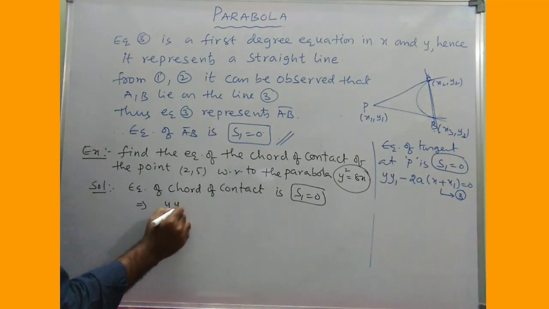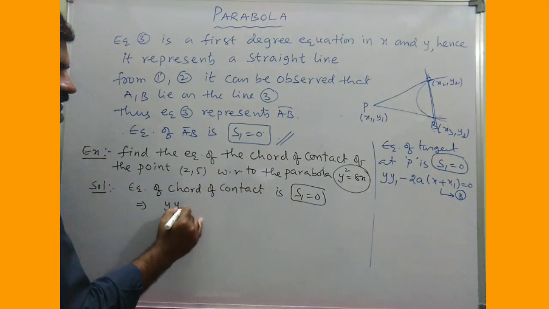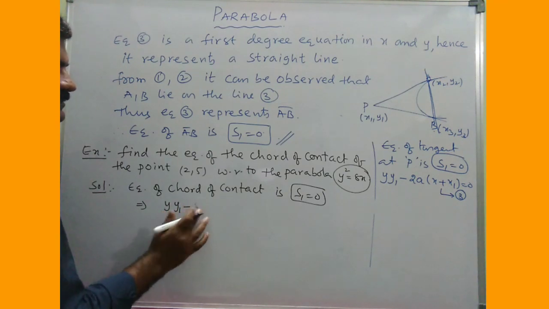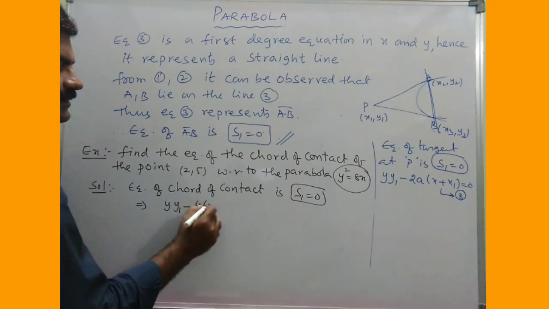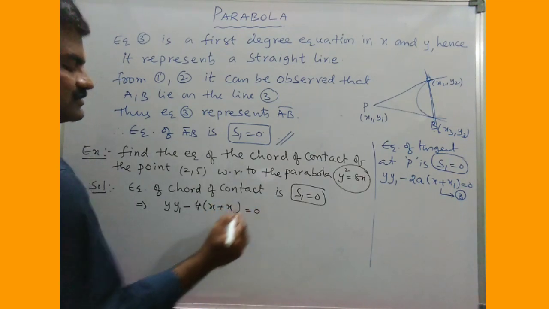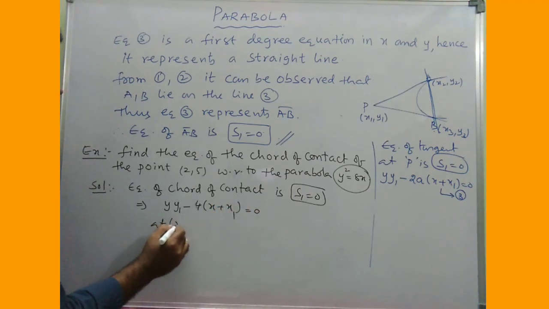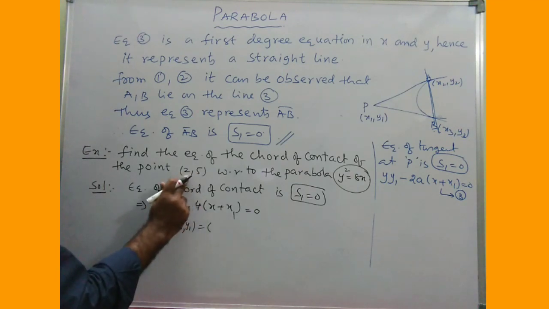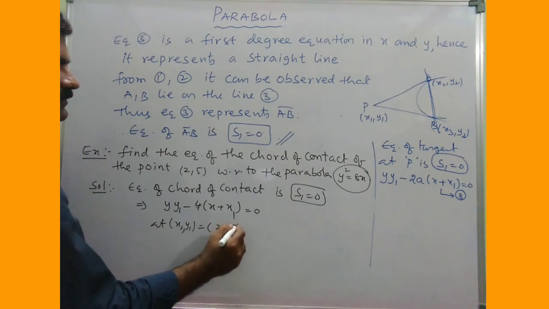That is y into y1, after bringing this side, minus 8. 8 can be written as 4 into 2x. Later the 2x as x plus x1, equals 0. At a particular point, that point is x1 comma y1, which is 2 comma 5.